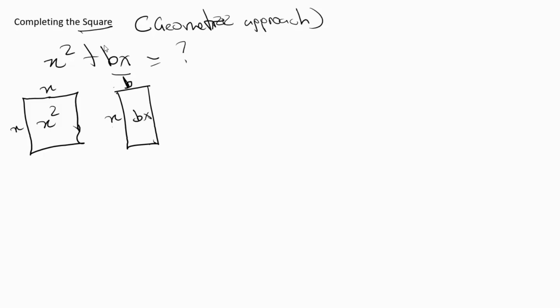But in order for us to complete the square, we want to break this and add it onto this original square. So what we want to do is to do this. Right. So now in this case we have a bigger square.